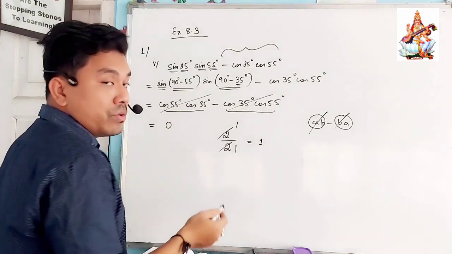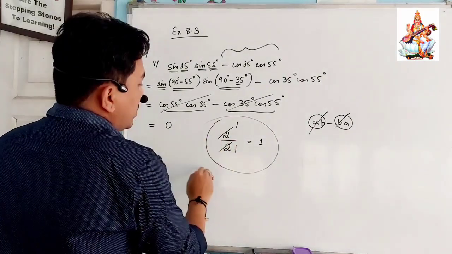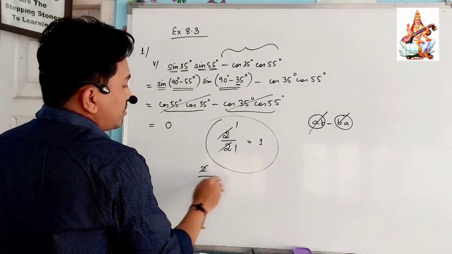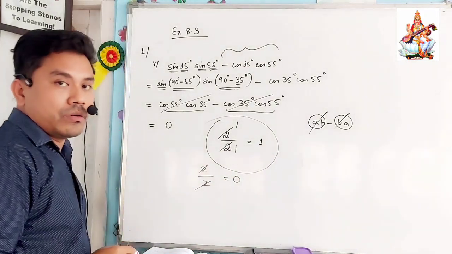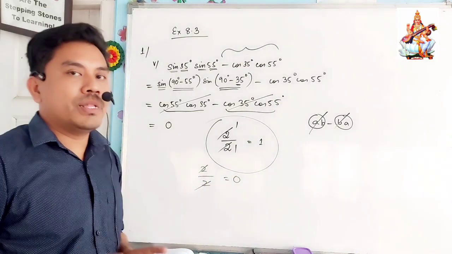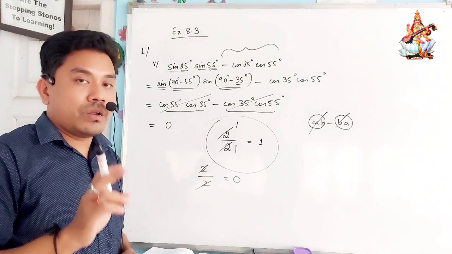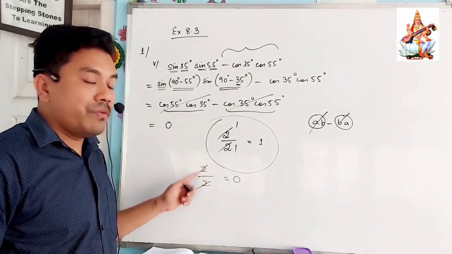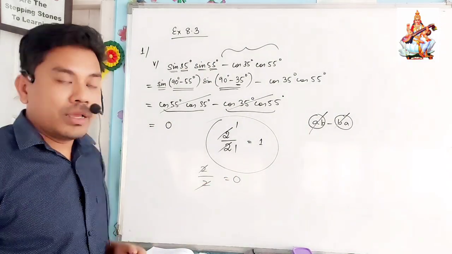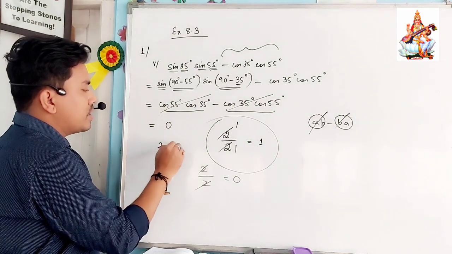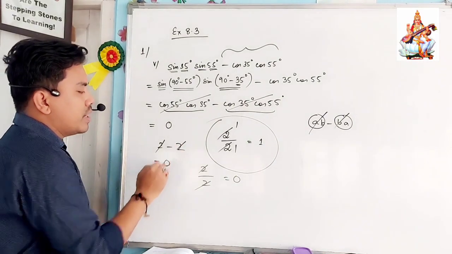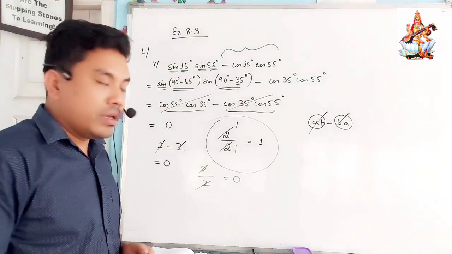Why did I tell this? Just because with 2 by 2, sometimes you cancel it and write the answer is 0. No, after cancelling you think that nothing will be there and the answer will be 0. It is not so. If it is in division form, the answer will be 1. And if it is in subtraction form, 2 minus 2, then it will be cancelled and finally we get 0. Is it clear? Okay.